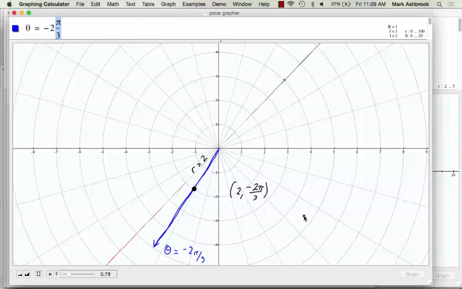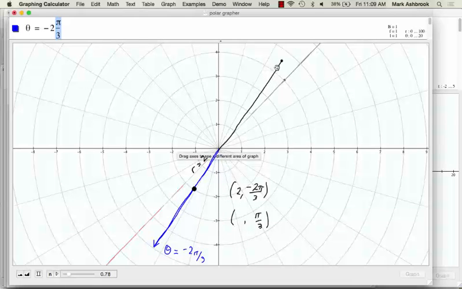If there was the angle pi thirds, that would point in this direction. This is the direction of positive r. So if you had negative 2, it would take you back here. That's right.